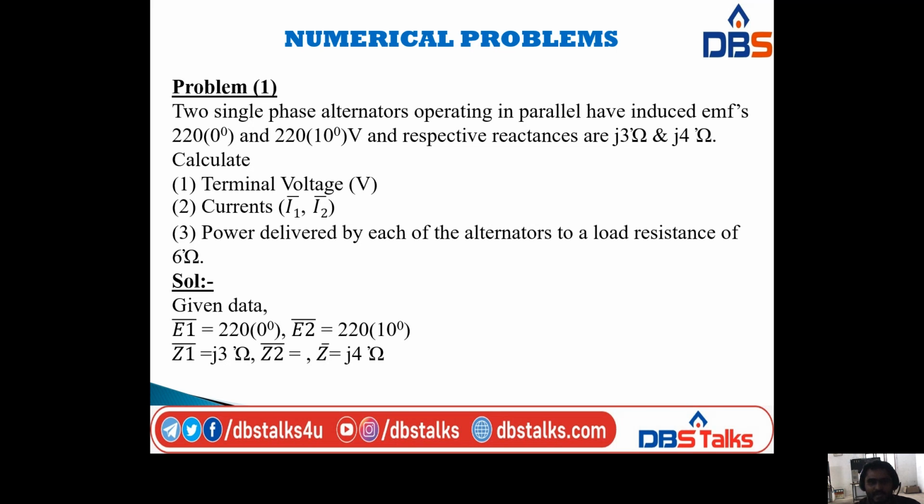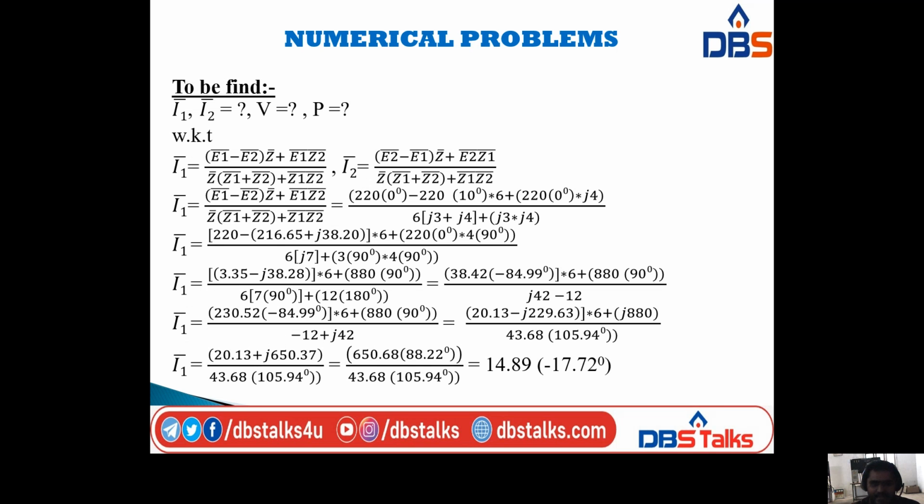Next, by using this data, we have to calculate I1, I2, V and P. Firstly we have to calculate the I1, I2 values. From the parallel operation of two alternators, we determine I1 and I2 values. Here I am using the formulas.